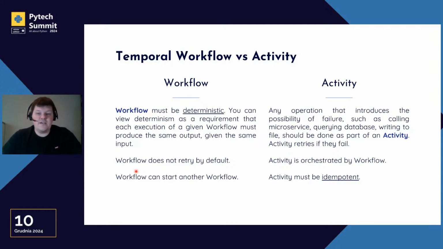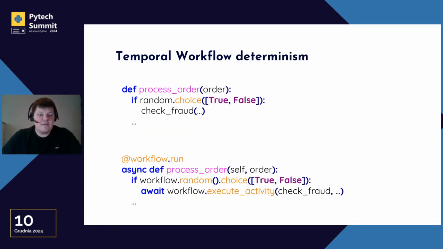And let's quickly check a few examples in Python in the area of determinism. Here at the top we can see non-deterministic code like random.choice, true and false. It means in one branch it can be the true value, in another branch false.